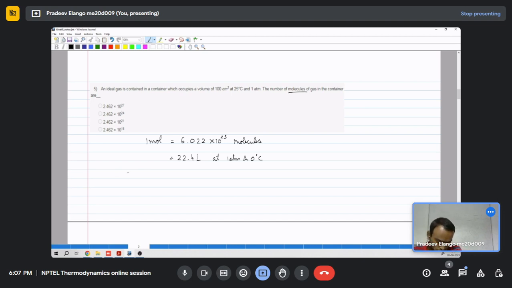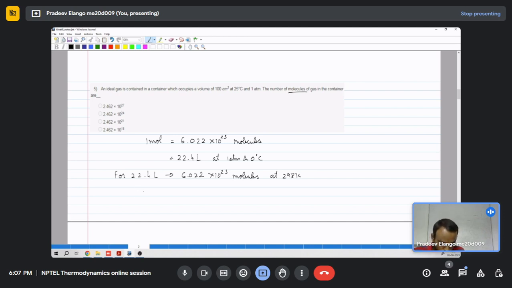So we know for 22.4 liters, it is 6.022 into 10 power 23 molecules, and so this is at 0 degree Celsius, or I will write it as 273 Kelvin.